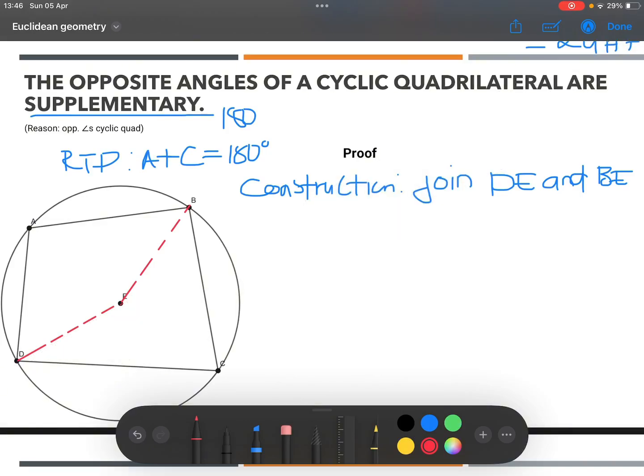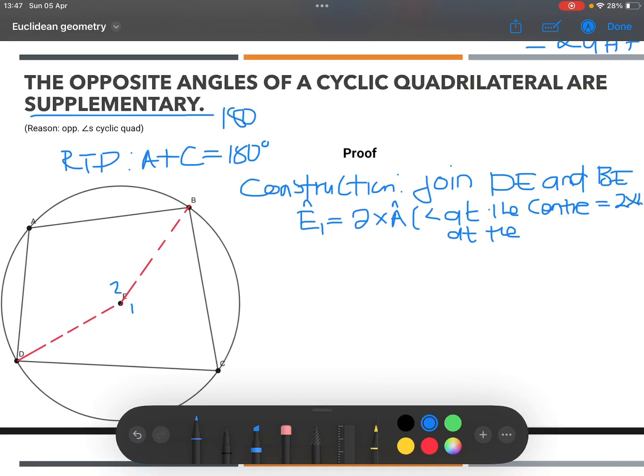Right. Now based on that, let's say this is E1 and then we have our E2. So now our E1 will be equal to 2 times angle A. The reason will be angle at the center is equal to 2 times angle at the circumference.